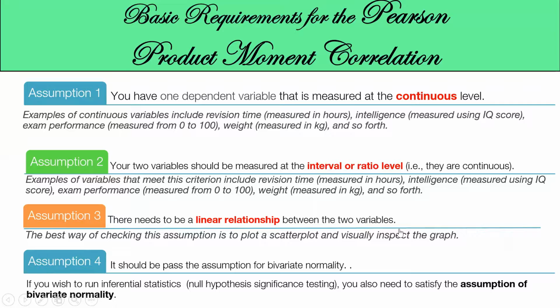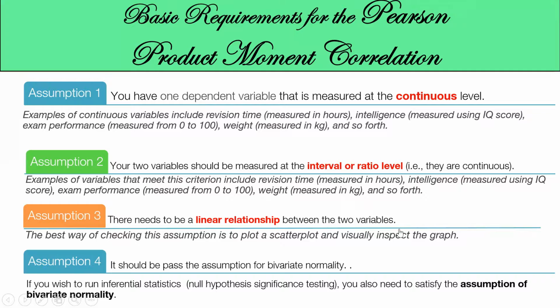Assumption 3, there needs to be a linear relationship between the two variables. Of course, there are researches that say that the interest of the students has a relationship with their mathematics achievement, so I think assumption 3 is justified here. Assumption 4, it should pass the assumption of bivariate normality.